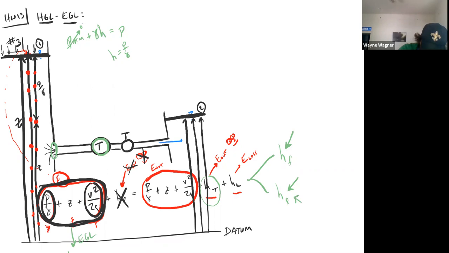We're going to lose it due to this valve right here. Okay, and that's just because something's changing in the pipe. Anytime something changes in the pipe, there's going to be a loss. Okay, and we're going to lose energy right here. So those are the places where we're definitely going to lose energy. So this is a turbine, this is minor, minor, minor, and then we're going to have friction losses all along the pipe wall.